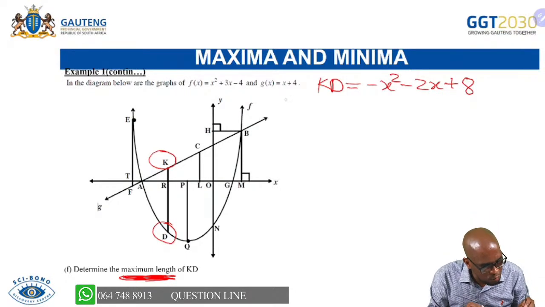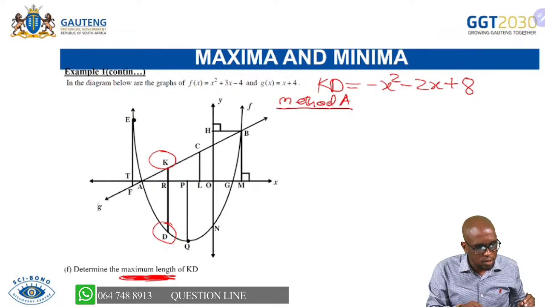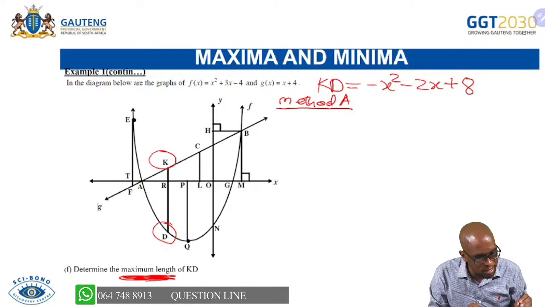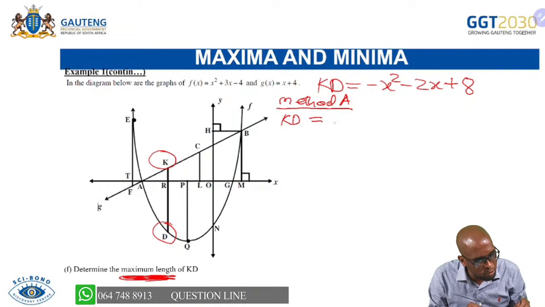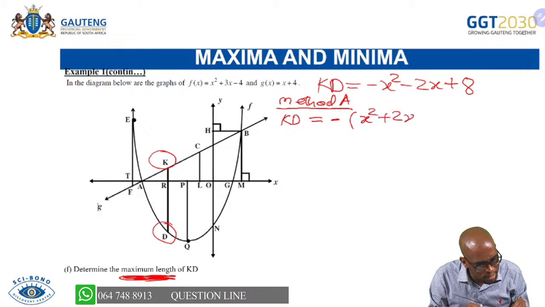Now, if we use completion of the square as the first method, it means that we're now going to take KD. To complete the square, we're going to factor out minus. So we'll get that this is x squared plus 2x minus 8.